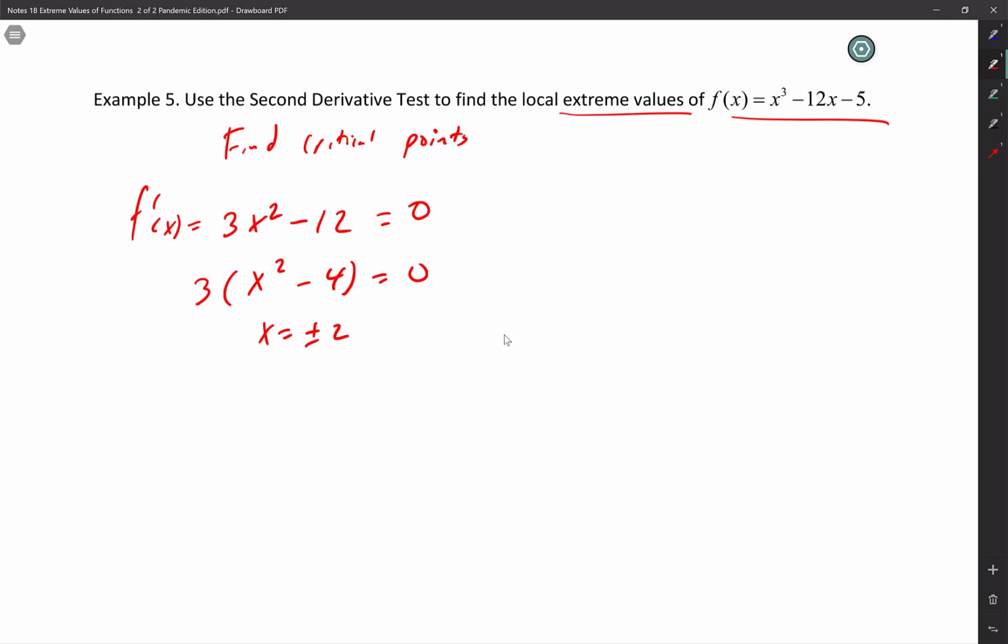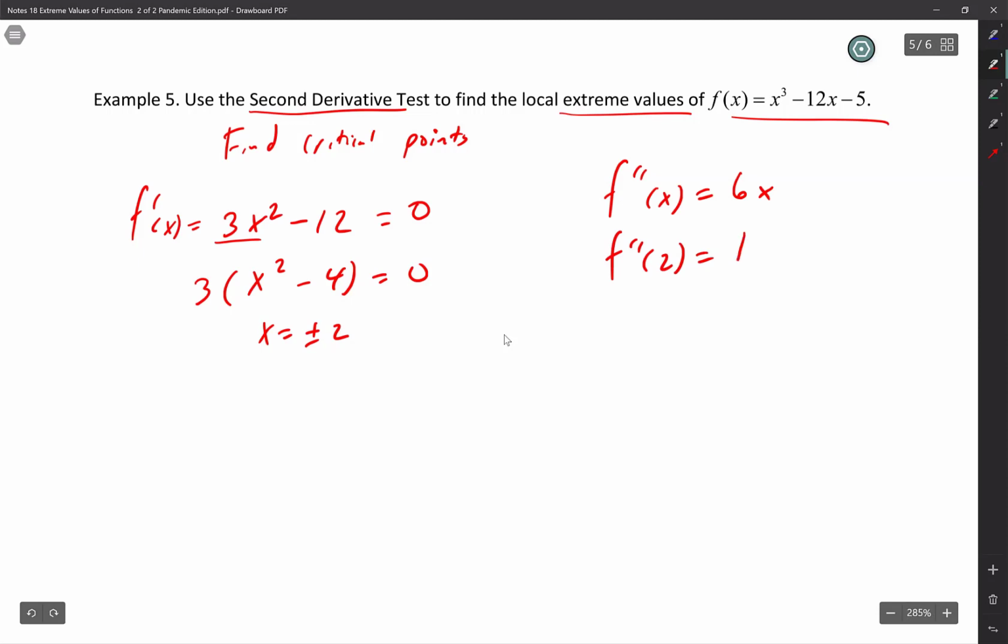We could use the first derivative test to see whether they're max or mins, but they want us to use the second derivative test. Okay. F prime prime of x equals 6x. F prime prime of 2 equals 12. F prime prime of -2 equals -12. You ready? Yeah.